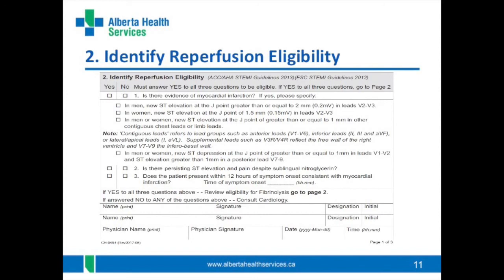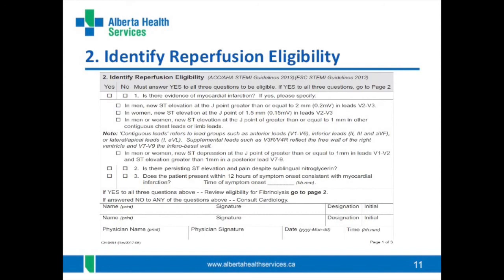This is based on best clinical evidence and practice guidelines that our group has reviewed from the ACC-AHA as well as the ESC STEMI guidelines. This walks you through how to identify an ST elevation MI according to gender.